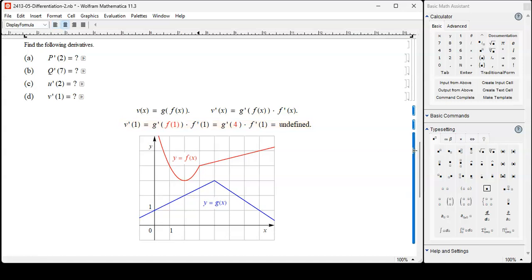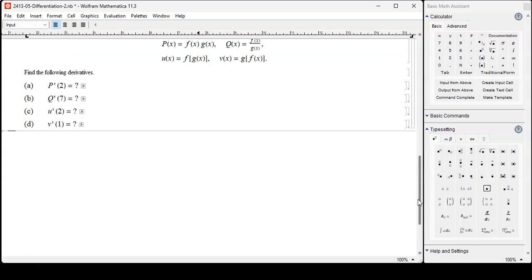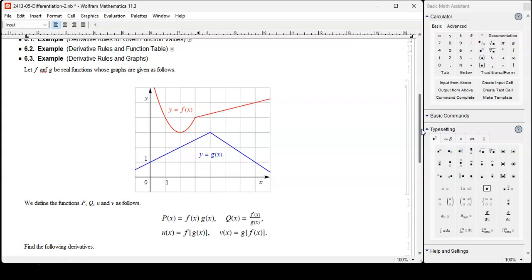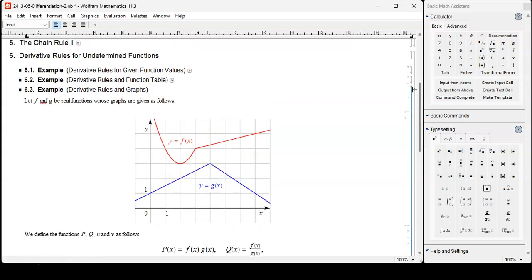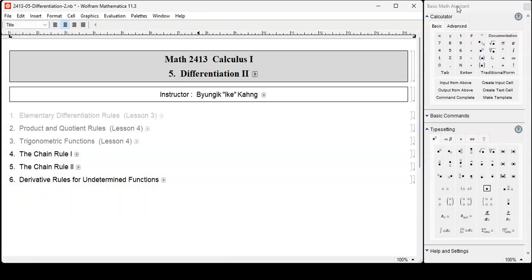Okay, alright. We went through some graph problems associated with the chain rule and quotient rule and product rule as well. And all those are problems regarding undetermined functions. You don't have the algebraic expression. You just know the function values and the derivative values at specific points.